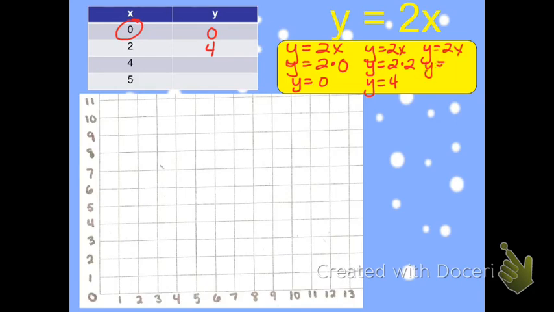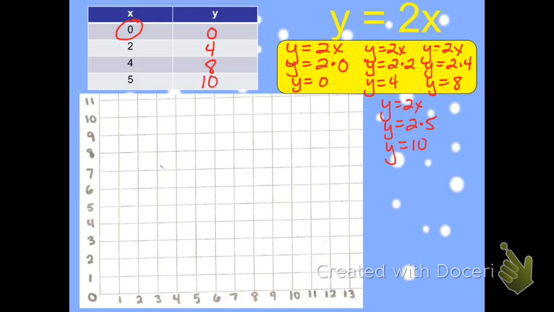Y equals 2 times what? 4. 2 times 4. What is 2 times 4? 8. So if x is 4, y is 8. And then our last one, y equals 2x. Y equals 2 times 5. What's 2 times 5? 10. So when x is 5, y is 10.